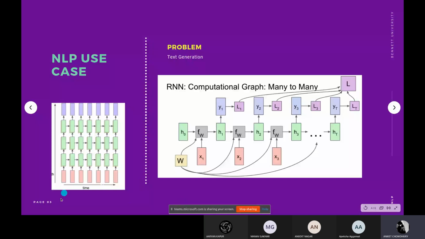But if this were multi-layer, where this is the depth and this is how the time is defined, or in our case how text is defined, every step would be taken similarly to a feed forward network: first for the outer layer, then for the inner layers, and so on.